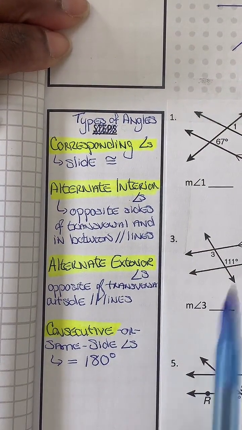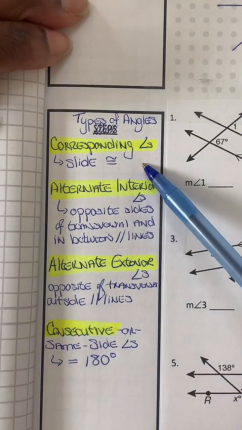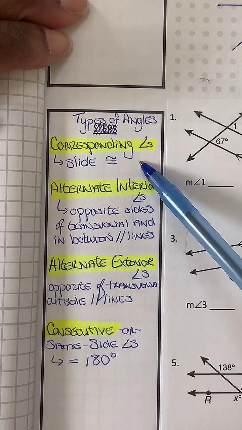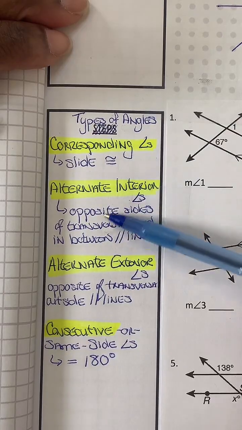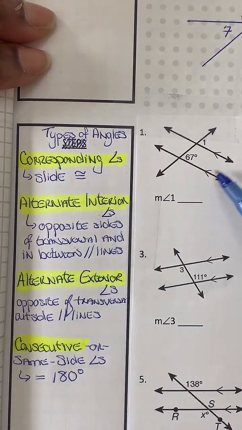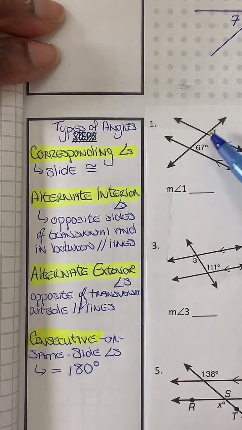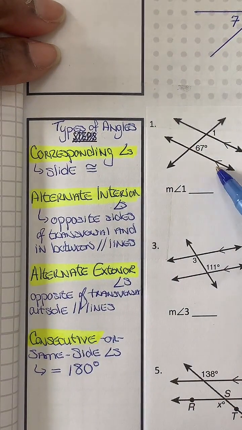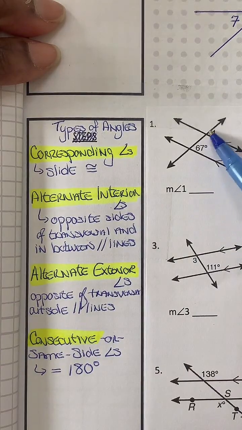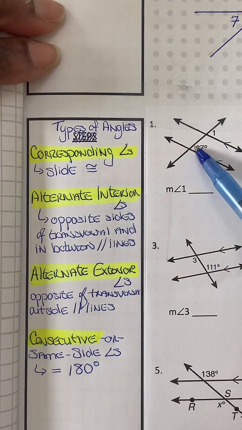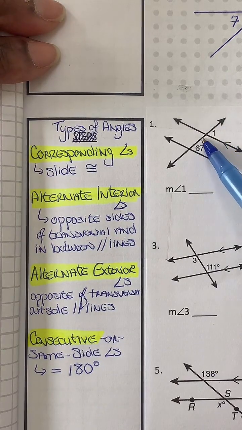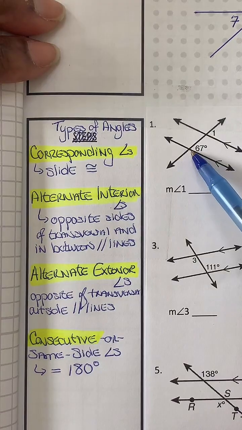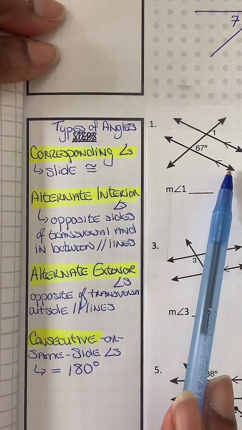Good. So we have what's called corresponding angles. Corresponding is the one that I remember has the slide. If I'm sliding along the transversal, this is my transversal, and here are my 2 parallel lines. If I look at angle 1 and I slide down, it should match up to this other angle right here, which is 67. So if I trace this angle and slide along the transversal, it's going to be in the same spot, but on the other parallel line.